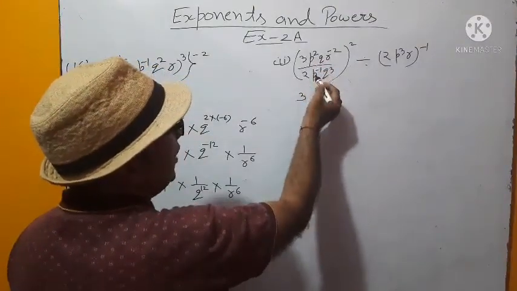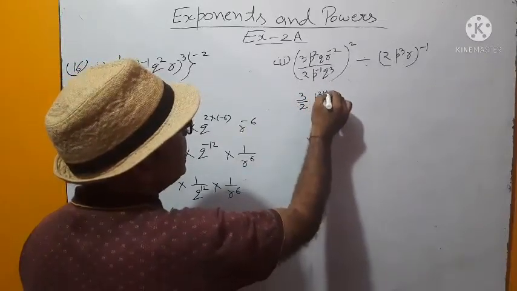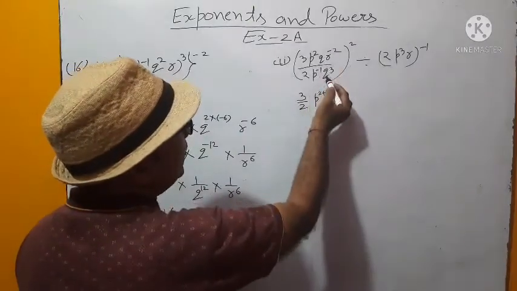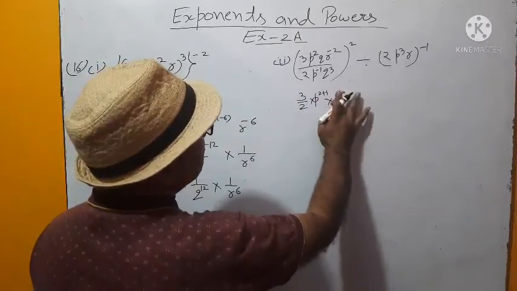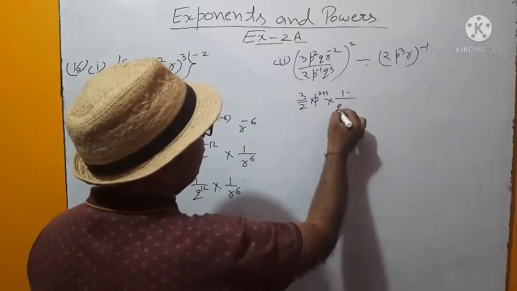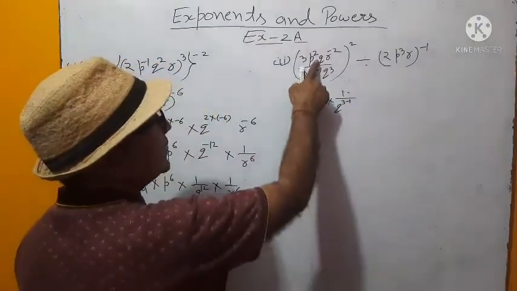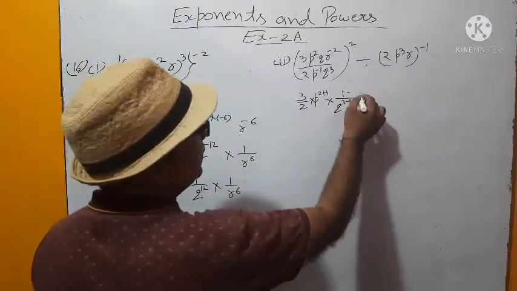P power 2 upon p power minus 1. This can be written as p power 2 plus 1. Q upon q power 3. So this can be written as 1 upon q power 3 minus 1. I am transferring q in the denominator, then exponent sign will be changed.